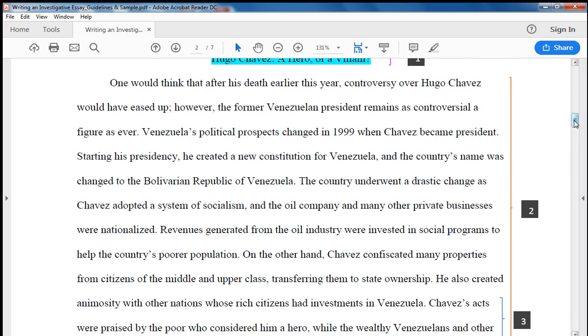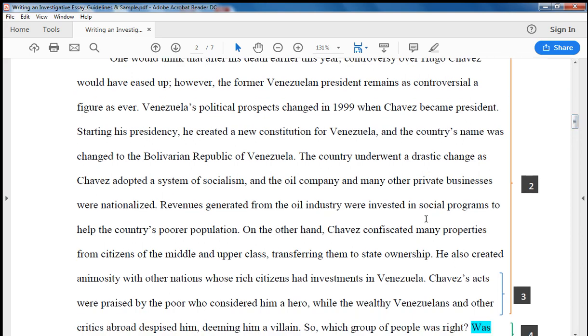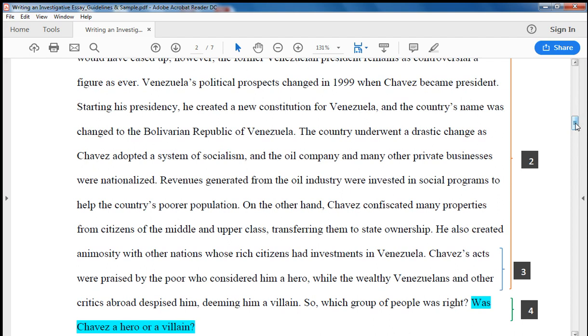The contextual information that the student chooses for her topic on Hugo Chavez is a little bit of background on Chavez himself and his presidency and some of the changes that immediately took place when Chavez became president of Venezuela. So the readers get a little bit of context for the remainder of the essay. And you definitely want to do that, provide some context or background information for your readers.